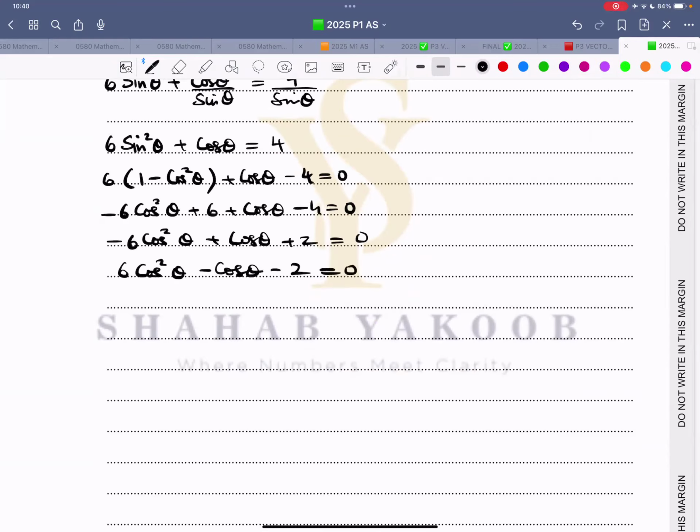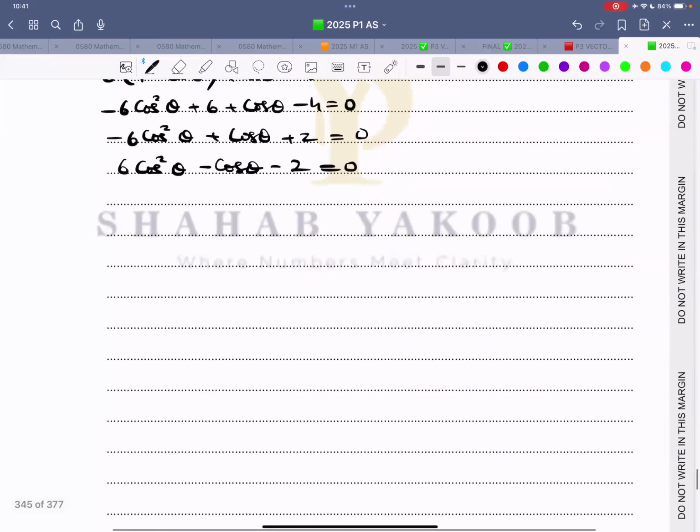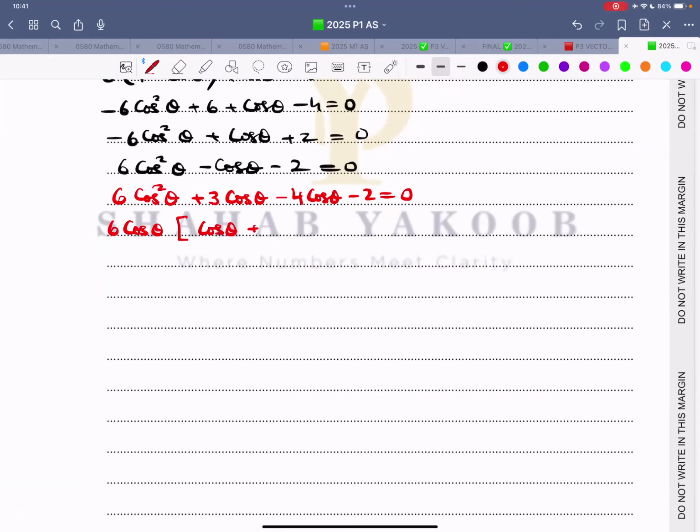Now it's about middle term factorization. Let me just adjust this. So over here, let's break the middle term down. This is 6 cos square theta minus 4 cos theta plus 3 cos theta minus 2 equals 0. So 3 cos theta... my bad, this is 2 cos theta plus 1.